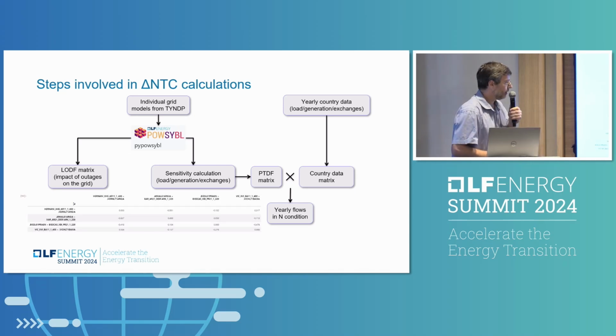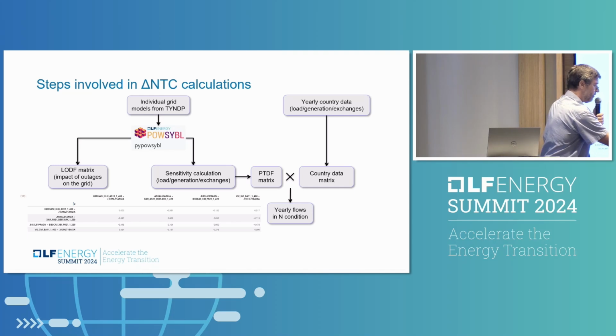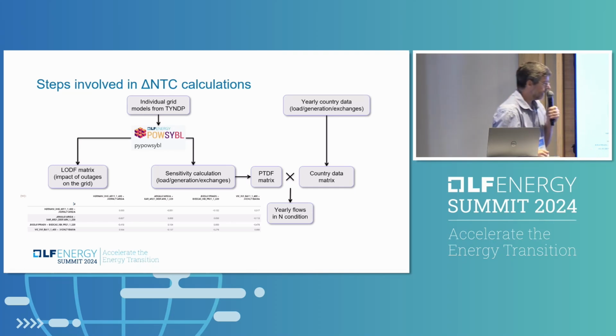So we have this kind of matrix. Here, for example, we have a Spanish line. If we lose this line, about 60% of its flow will go additionally to the initial flow of this line.